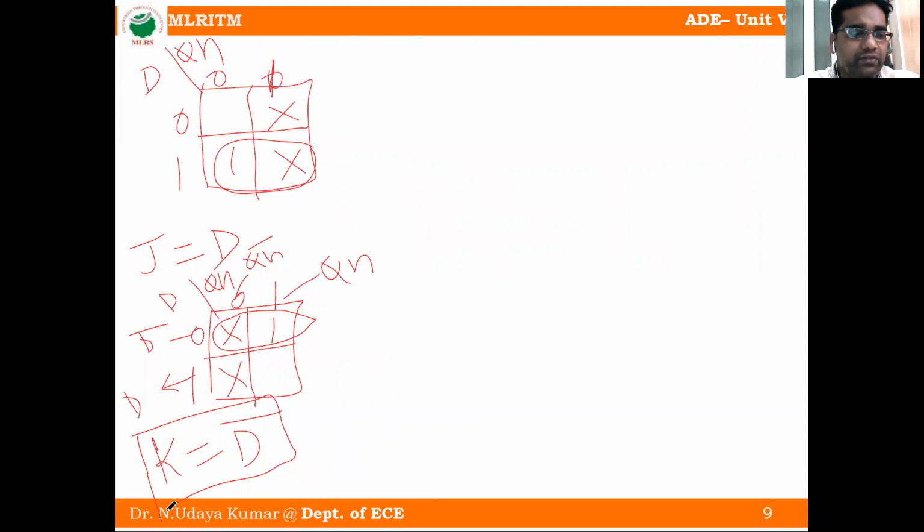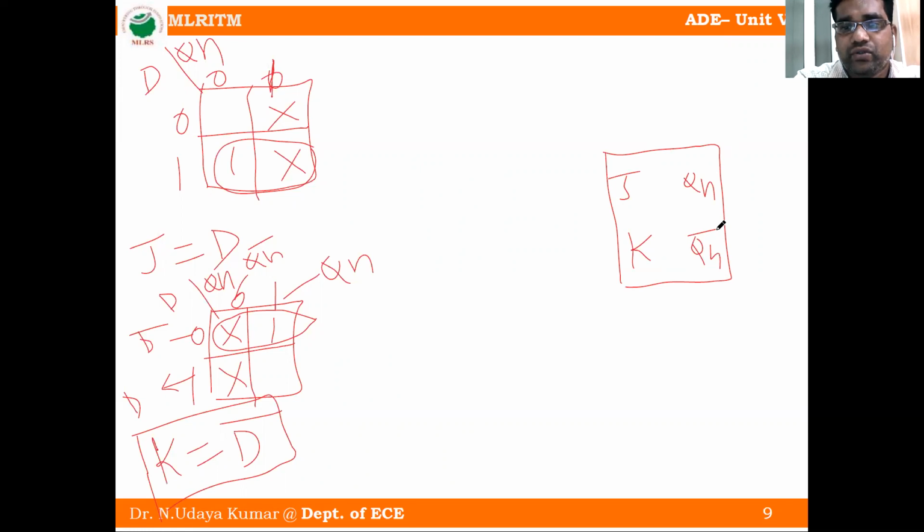So we have a JK flip-flop. Now we will convert the JK flip-flop into a D flip-flop. Write the JK flip-flop here: this one is J, this one is K, this one is Qn, and this one is Qn bar. The flip-flop we have available in our hand is the JK flip-flop.